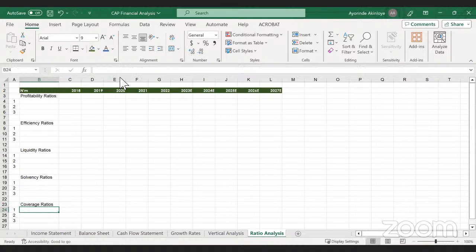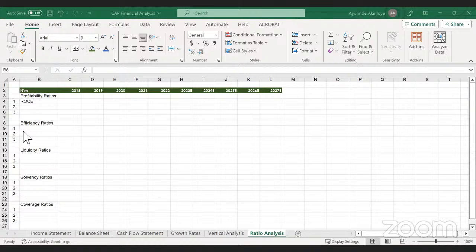Okay, ROCE, return on capital employed. So you want us to do return on capital employed. Let me just type ROCE so that I can save time. GPM, gross profit margin, I guess.